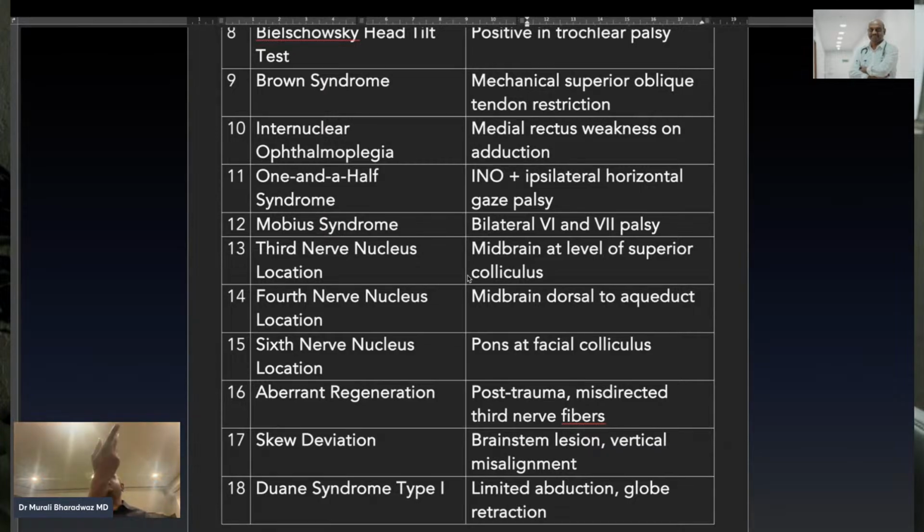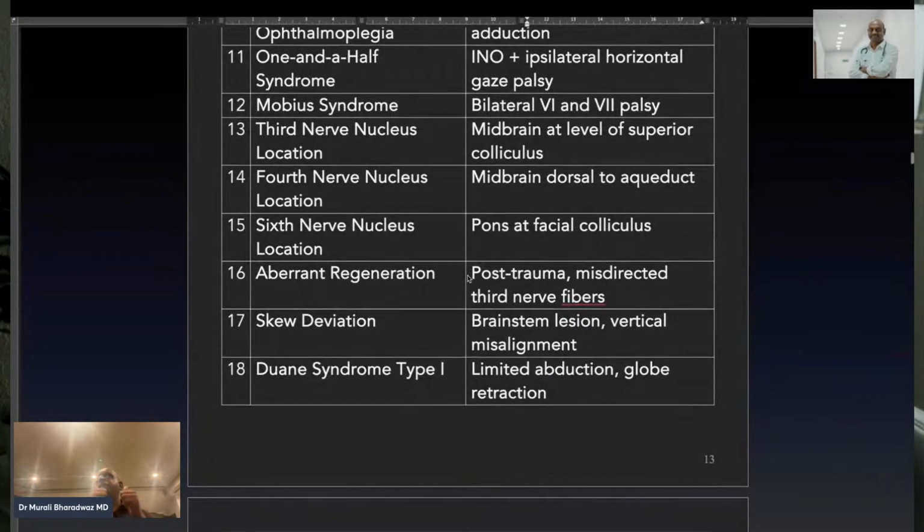So what is one-and-a-half syndrome? If there is an internuclear ophthalmoplegia and at the same time an ipsilateral horizontal gaze palsy, the side where internuclear ophthalmoplegia is there, akkade oculomotor palsy kuda undanukondi, then that is called one and a half.